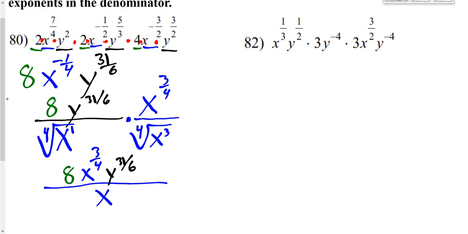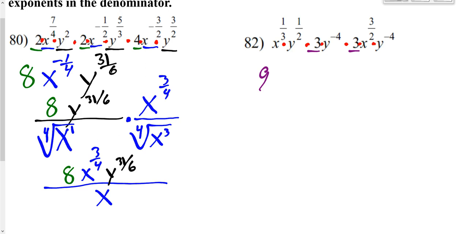So we still have to be concerned about not leaving it with fractional exponents in the denominator and not leaving it with negative exponents. But a lot of times it's easier to combine things together first and then deal with any negative exponents and then look at if you have anything left in the bottom. So here, once again, it's all multiplication, and then you can multiply in any order you want. So I'm going to go ahead and multiply my normal numbers together.